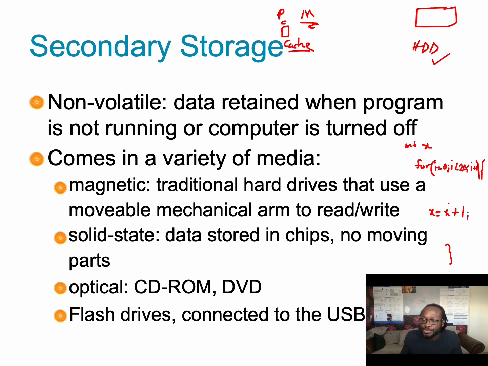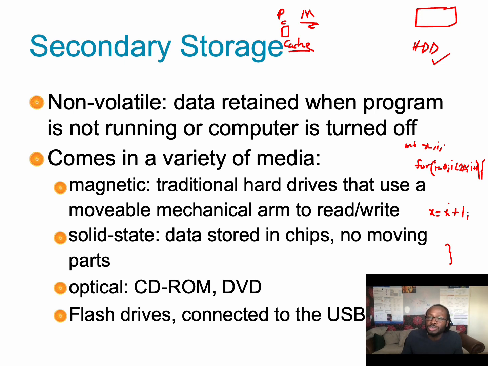So now it knows that it's going to need the value of I and the value of x quite often, because each time it runs, it will fetch I again and fetch x again, and that's the latest value of x.